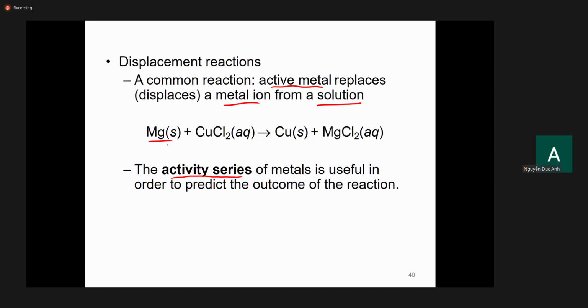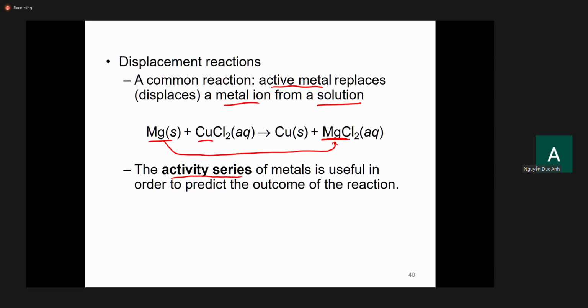So magnesium has higher reactivity than copper. When you put solid magnesium into a solution of copper chloride, the magnesium will replace the position of copper in the salt, and you get a new salt, magnesium chloride.